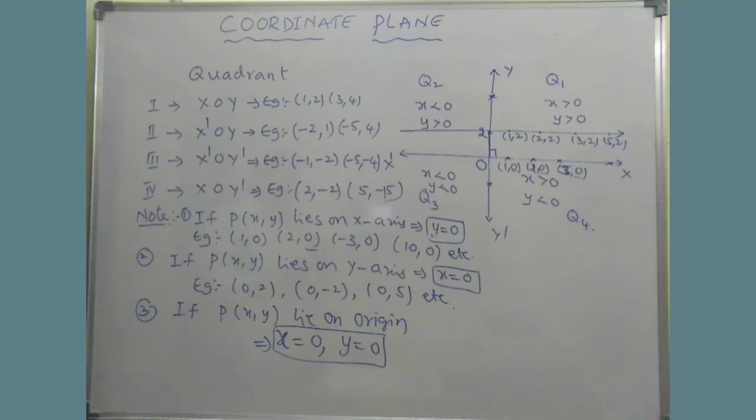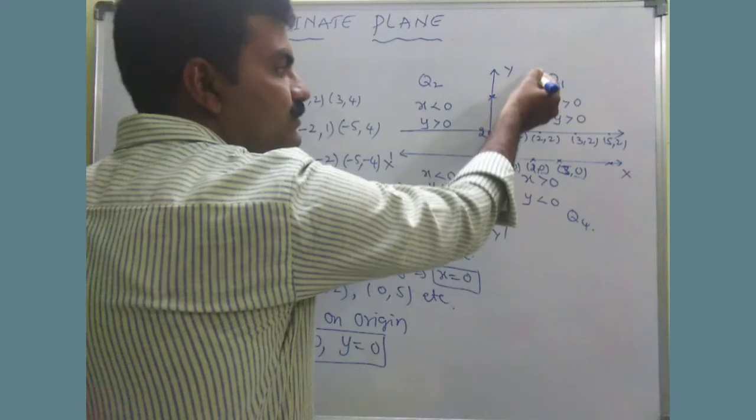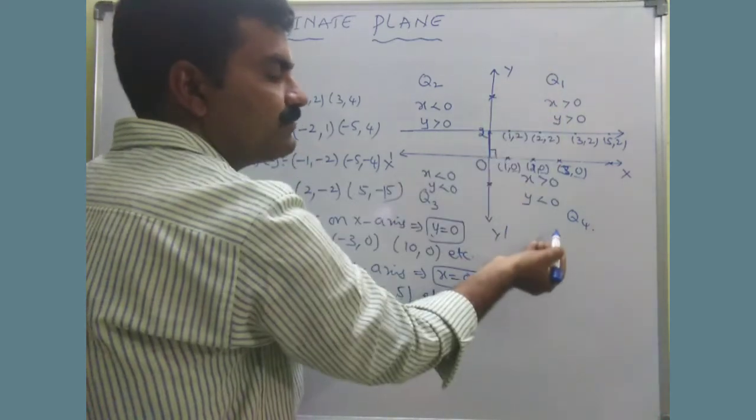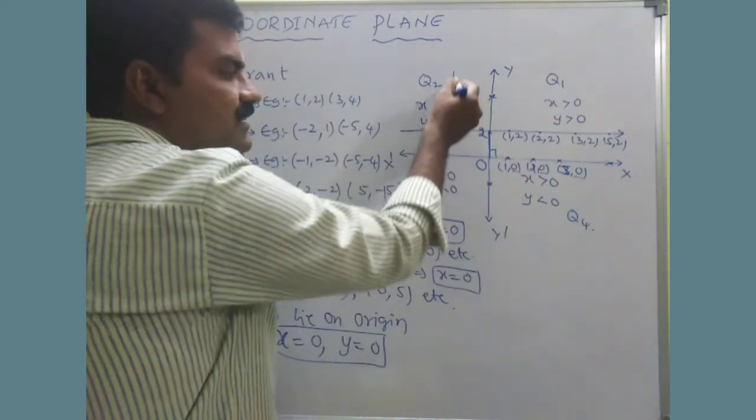Whereas on the x-axis, y coordinates are 0. But on any horizontal line, you can observe that the y coordinates of all the points are same. Similarly, if you consider any line which is parallel to the y-axis, we can take it on the right side of the y-axis or even the left side.